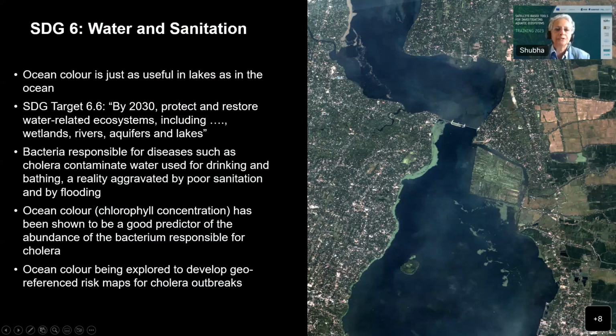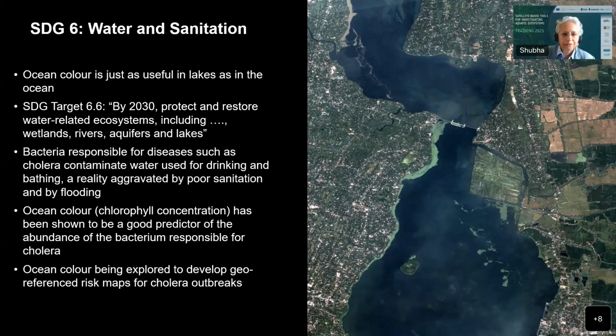And we can't achieve such a target, which is just 7 years away, without understanding the role of bacteria and viruses that are responsible for infectious diseases. And as we have been talking now, and as you will see again in the future lectures, there are contributions that we can make through remote sensing.